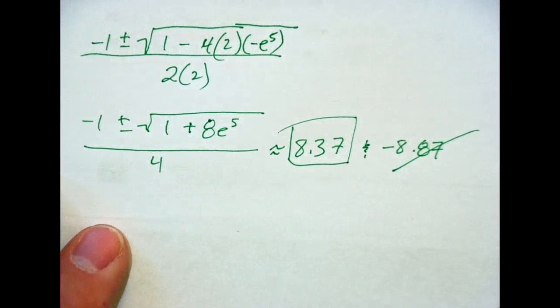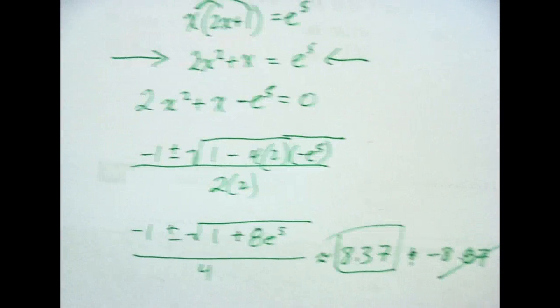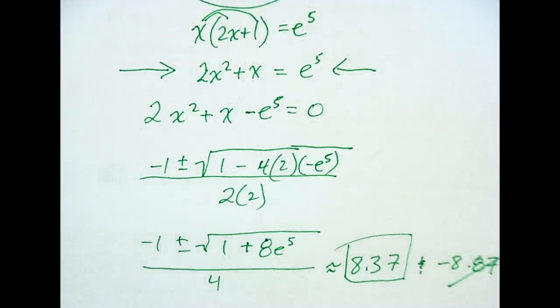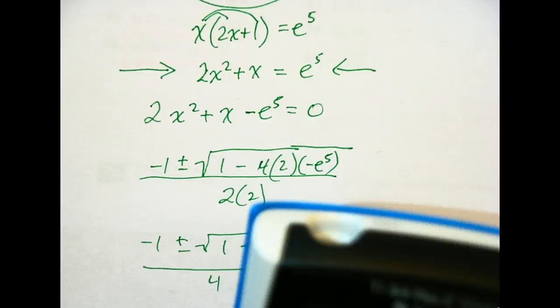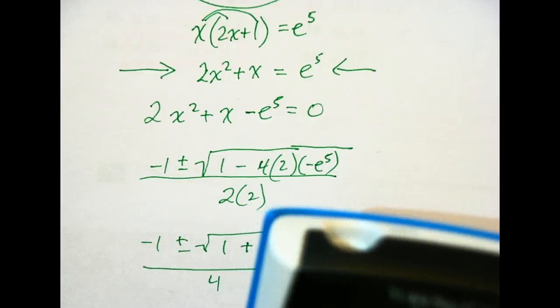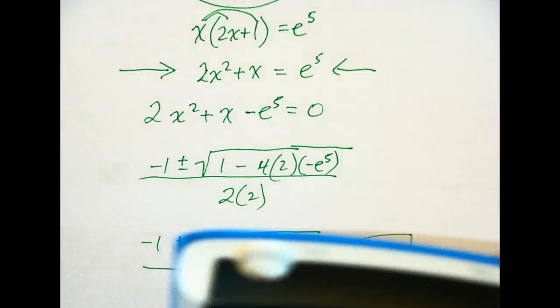Okay? The other piece you could do, if we go back to right here, you could grab your graphing calculator. So if you have a graphing calculator, follow along. If you don't, look at your neighbor who has one and follow along with them. Okay?